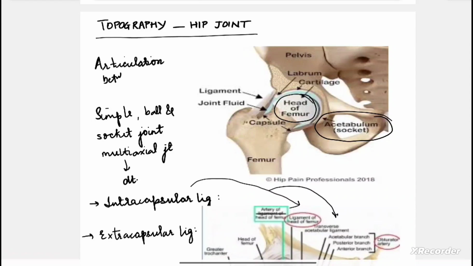Now in this topography of the hip joint, the articulation is between the acetabulum and the head of the femur.